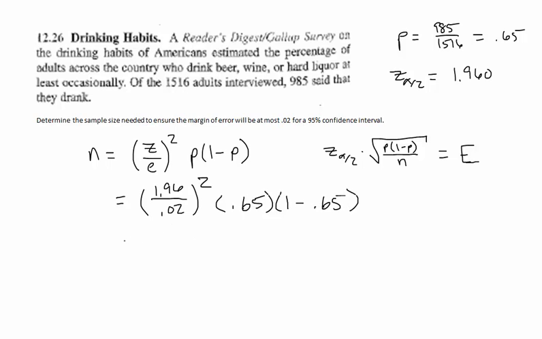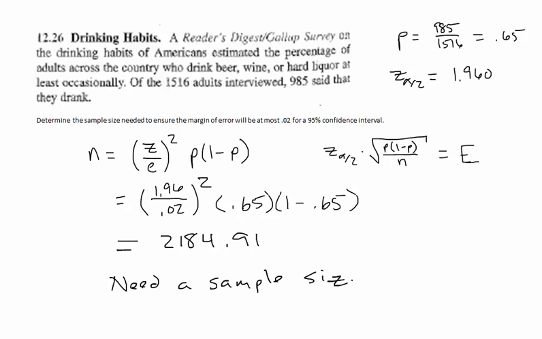And when we calculate this, we get 2,184.91. And we always round up, so we need a sample size of 2,185.